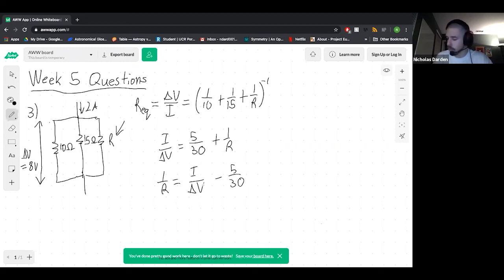This I over delta V is going to give me 1 over 4. I is 2, V is 8, so 1 over 4 minus 1 over 6. I want to take the inverse of both sides. And solving for all these numbers numerically, you're going to end up with that resistor having a resistance of 12 ohms.